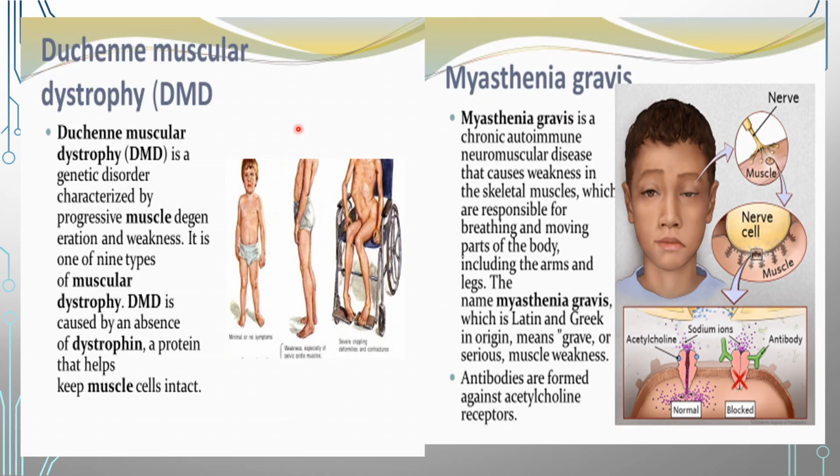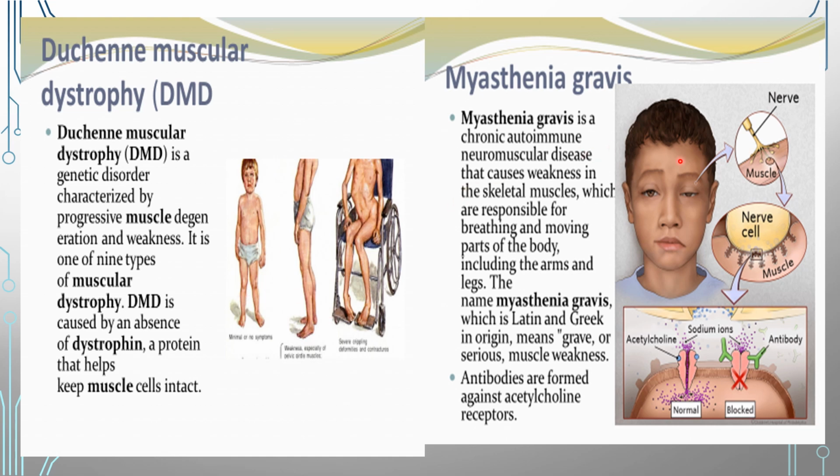So there is a group of disorders, the muscular dystrophies, which includes Duchenne muscular dystrophy. Duchenne muscular dystrophy is characterized by the progressive weakness of the skeletal muscles. It is a genetic disorder, and it is caused by the absence of a protein called dystrophin, which is a protein that keeps the muscles intact.